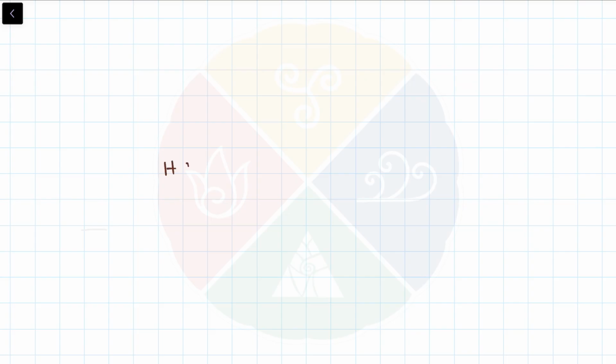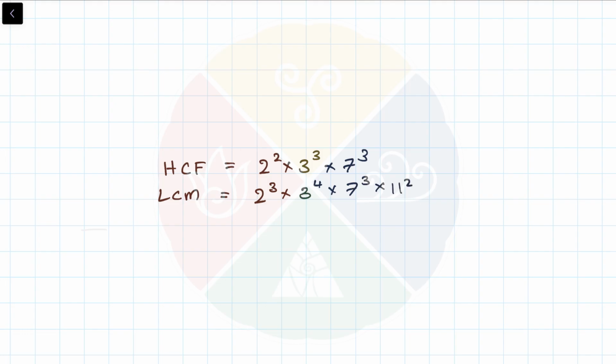The HCF of 3 numbers is 2 square into 3 cube into 7 cube. The LCM of these numbers is 2 cube into 3 raised to 4 into 7 cube into 11 square.